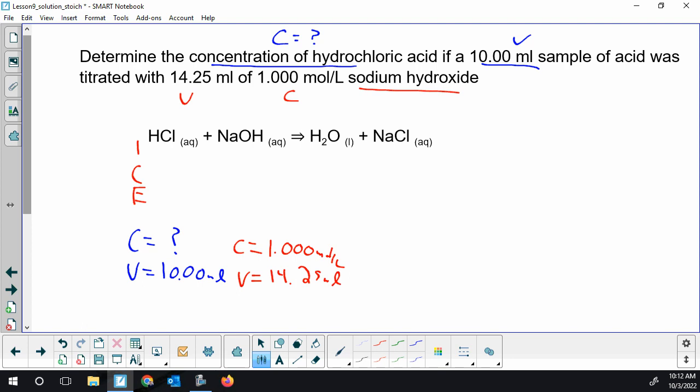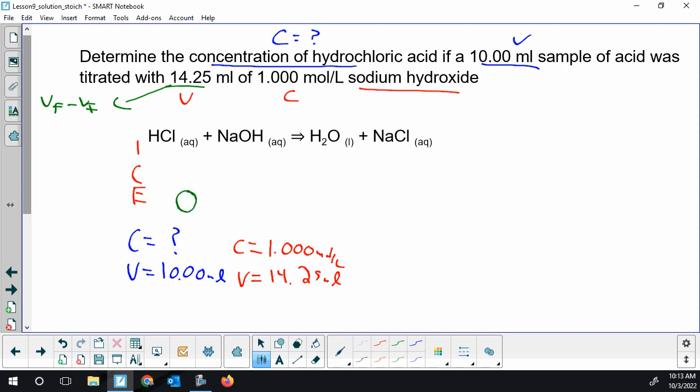Now I call this a more straightforward question. That 14 mL is the V final minus the V initial, and the math was all done for you. So it's a titration, and you're not given those numbers. So we have two reactants.